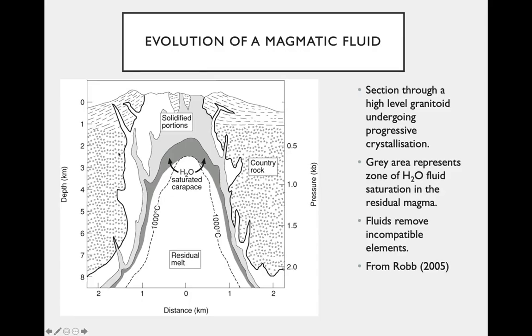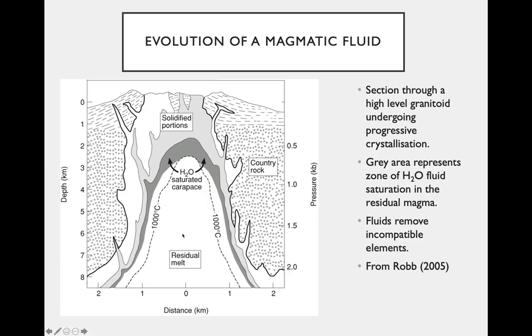So here's a section through a high-level granite undergoing progressive crystallization. The grey areas represent zones of fluid saturation in the residual magma. So fluid has reached a point where it can no longer just stay as a component in the liquid, it exsolves as a fluid, in this case a water-rich fluid.